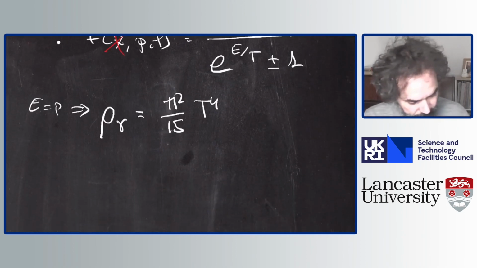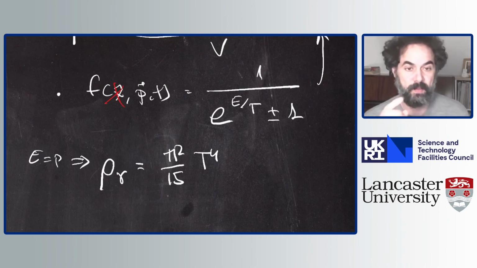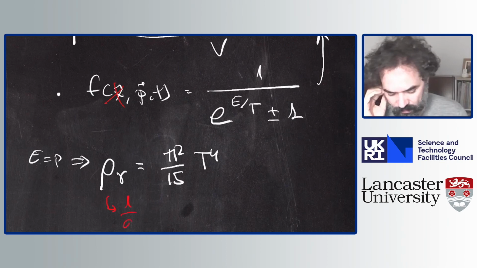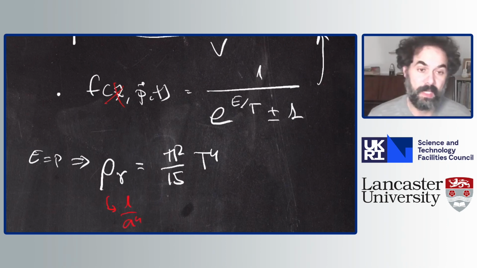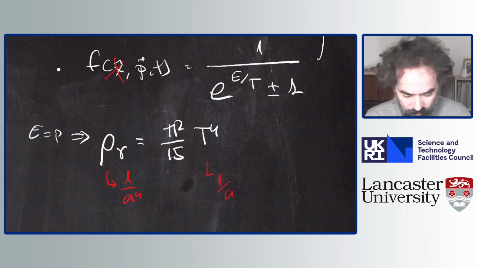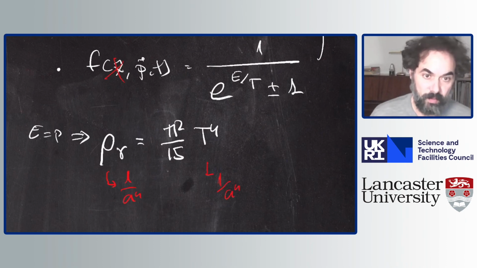Fantastic. And this indeed is already telling us that we were on the good track when we were saying that the temperature scales as 1 over a, because remember that we know from other arguments that this behaves as 1 over a to the 4, and T behaves as 1 over a, so T to the 4 also behaves as 1 over a to the 4. So all the logic we followed before makes sense.